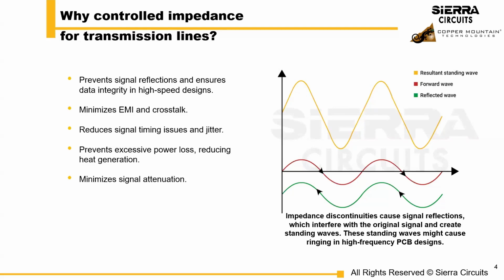And of course, high-speed signals are critical, and they need proper timing. And when you have a good impedance, you'll get consistent signal travel, preventing synchronization errors. And impedance mismatches can also cause power losses. So you'll improve your power efficiency and have better health overall for your PDN.